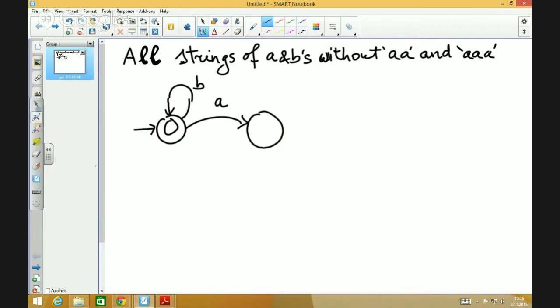Okay, what about this state that we go to? Should it be an accept state or not? It should be an accept state. Why? Because so far so good. We haven't seen anything wrong. Okay, we haven't seen two A's in a row.